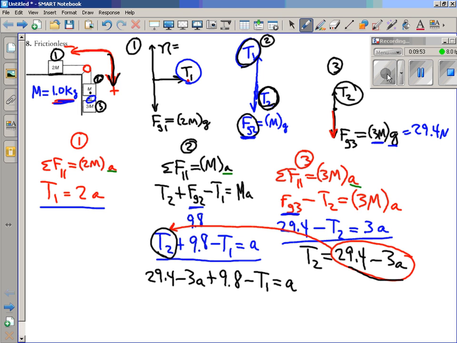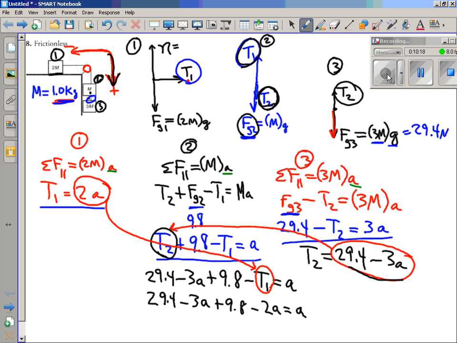Well, I can play one more substitution game here and replace T1 with this term up here. When I do that, we get 29.4 subtract 3a plus 9.8 subtract 2a equals a.